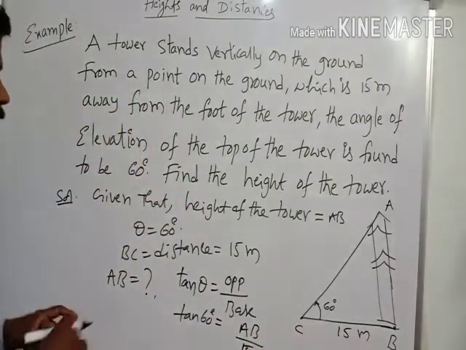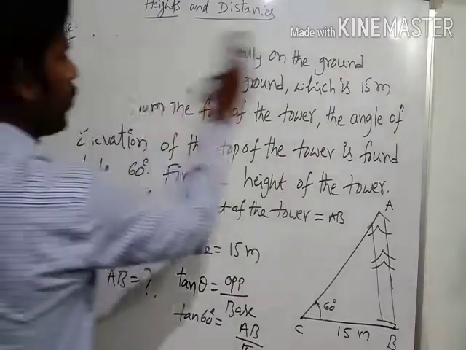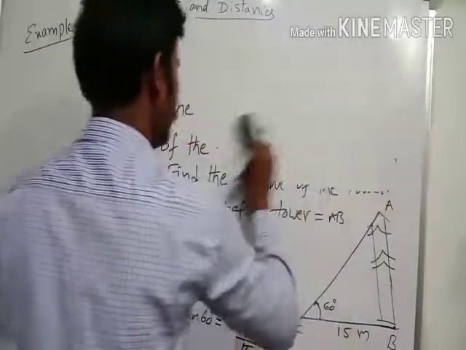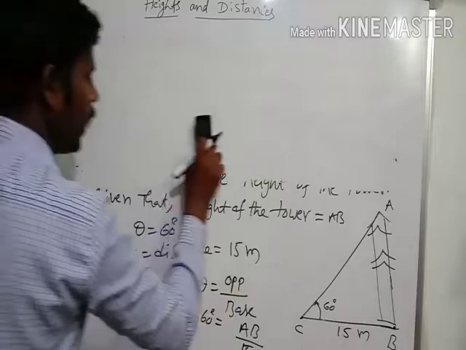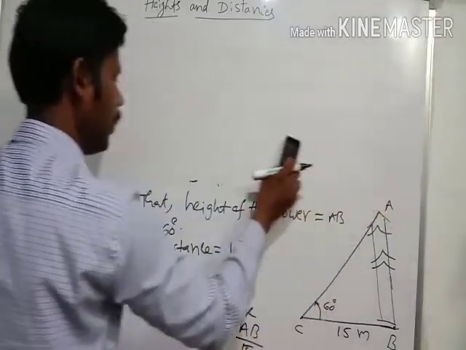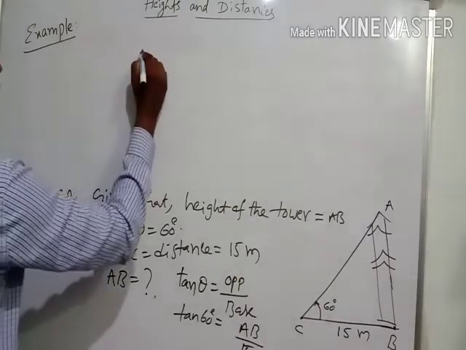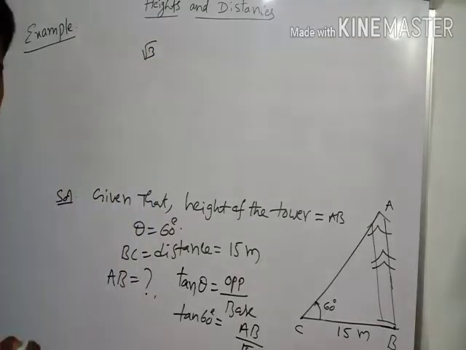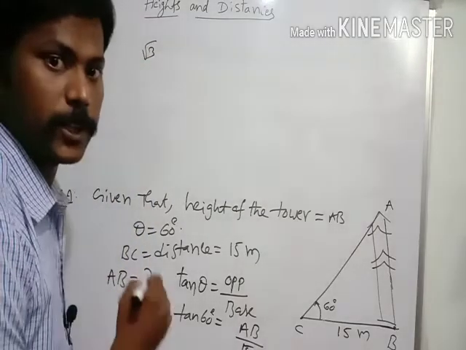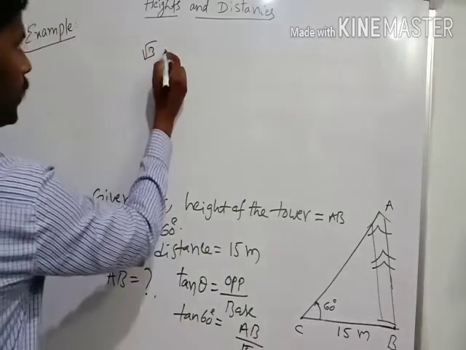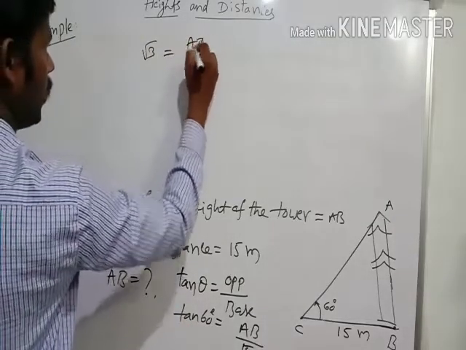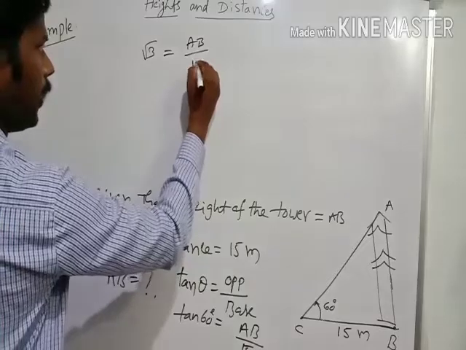So I will solve the question by using the concept of angle of elevation and height of the tower. Now see, tan 60 value, how much, children? Root 3. We already know the trigonometric ratios table. Tan 60 value root 3 is equal to AB by 15.